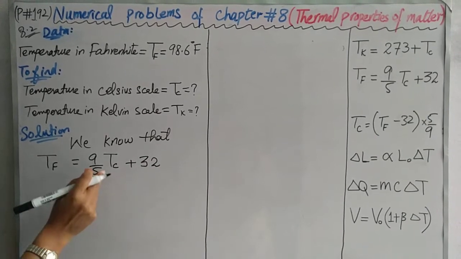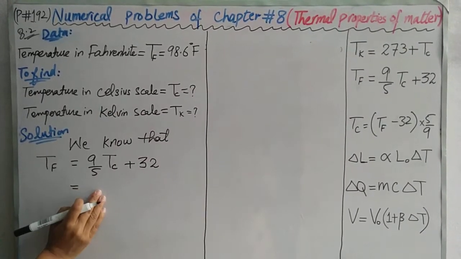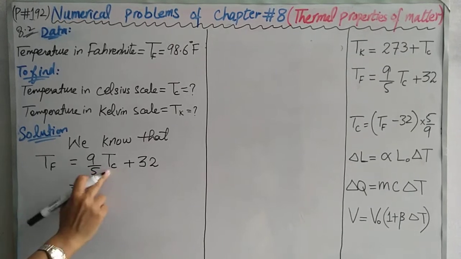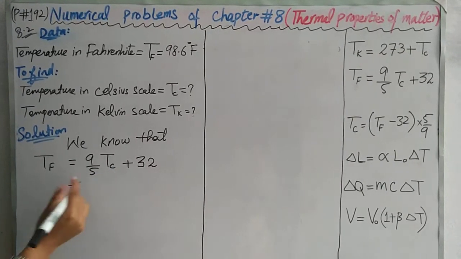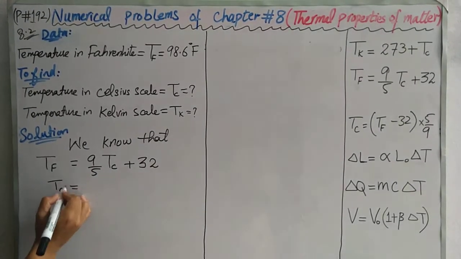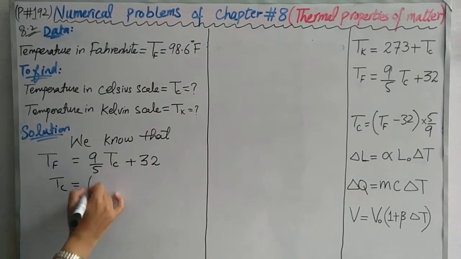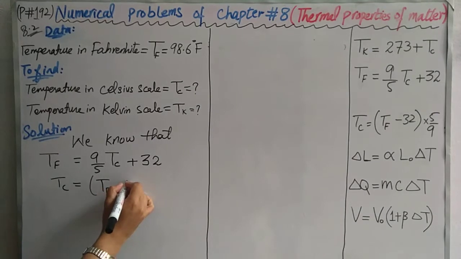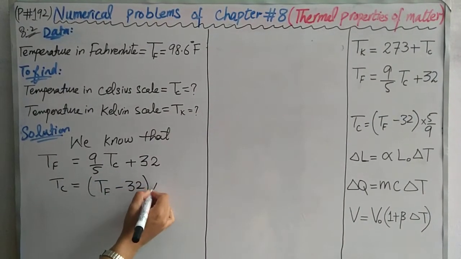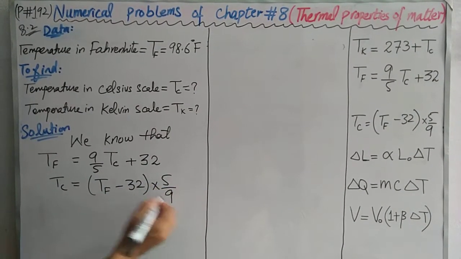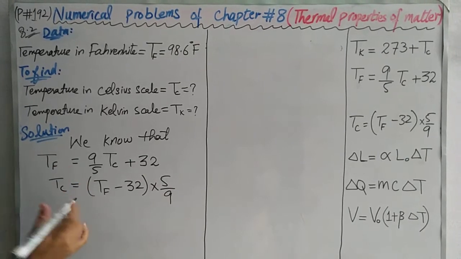By rearranging this formula, we can calculate the value of TC. So we arrange it first like that: TC is equal to TF minus 32 multiplied by 5 by 9. We just rearrange this formula.